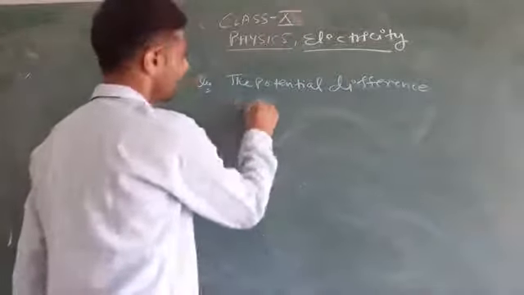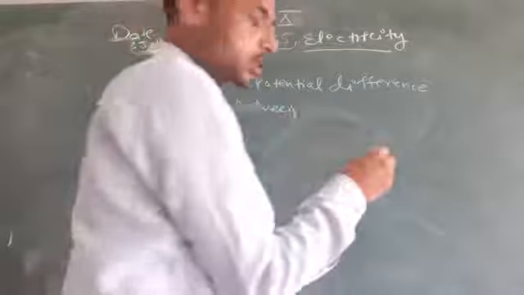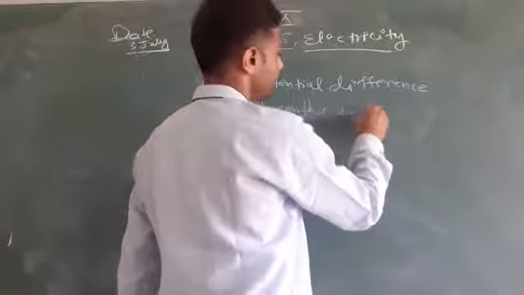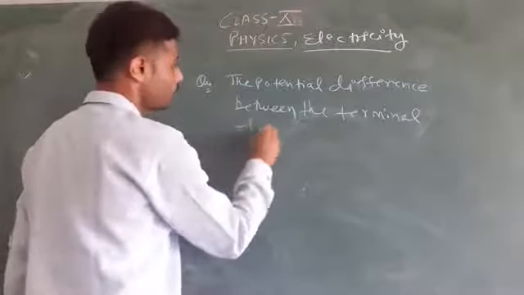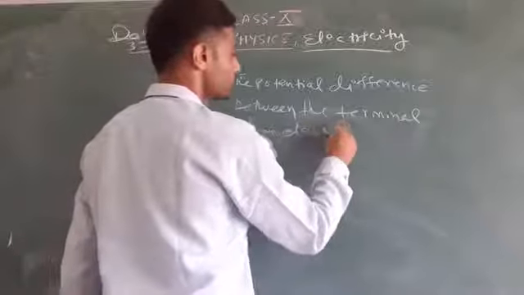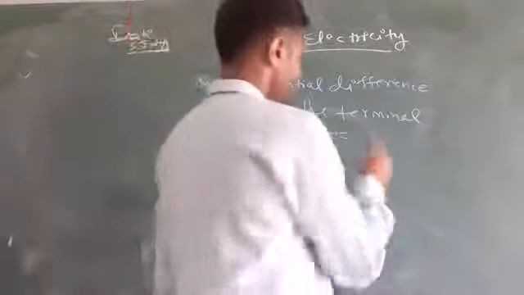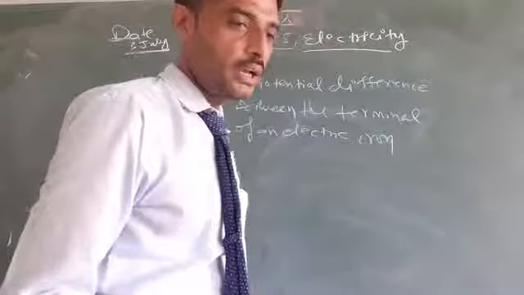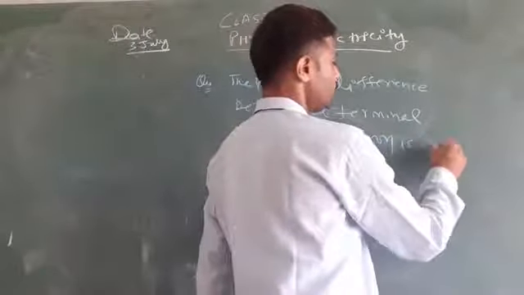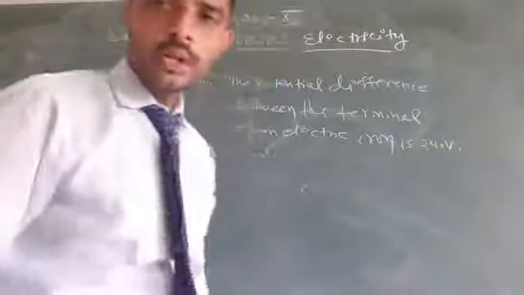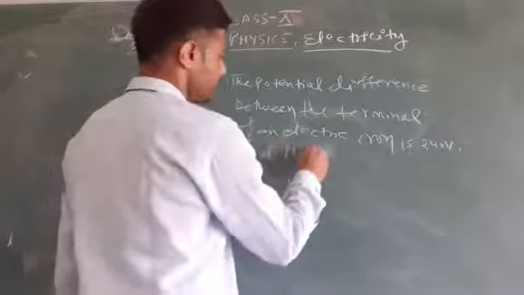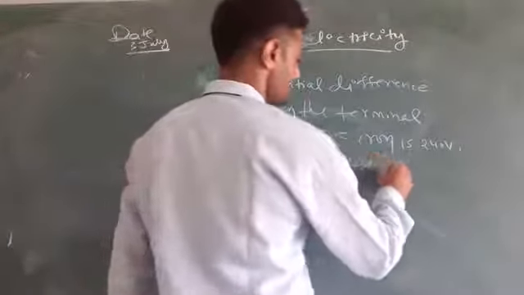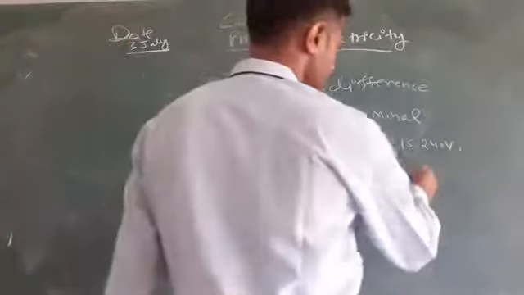between the terminals of an electric iron is 240 volt, and the current is 5 ampere.